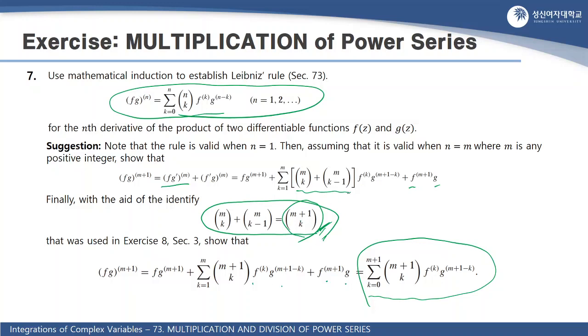So this formula can be rewritten like this. Then we just arrange the first and last terms by using the summation, with starting index k is 0 and ending index m plus 1. Then we can unify, and we get this result.